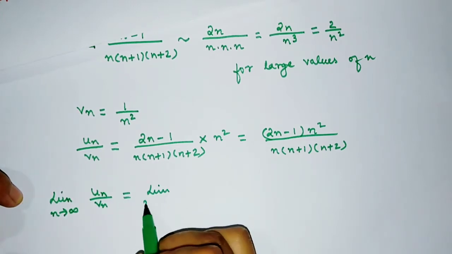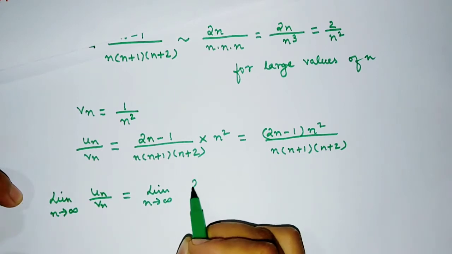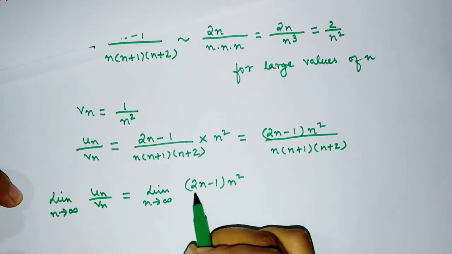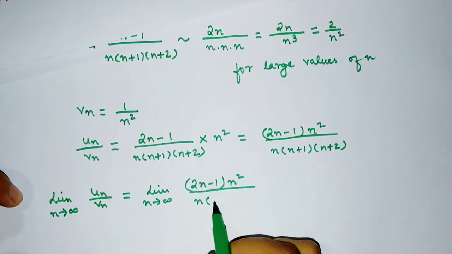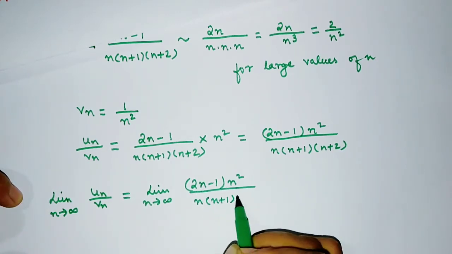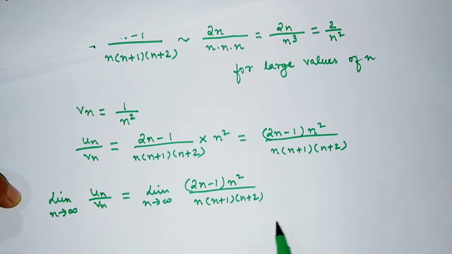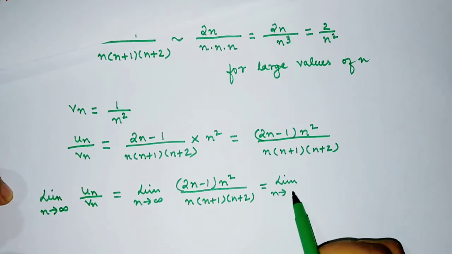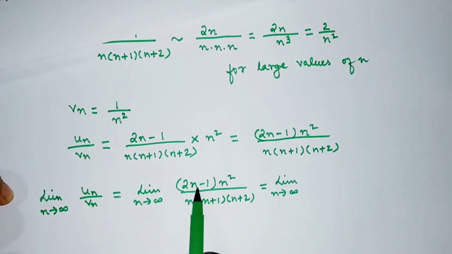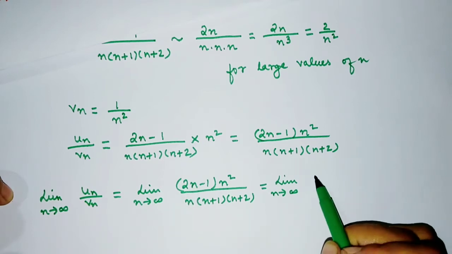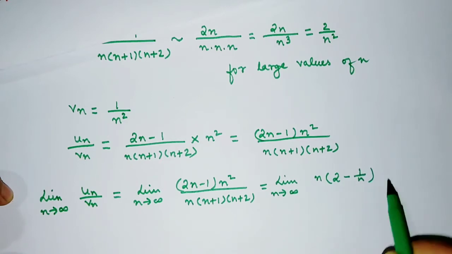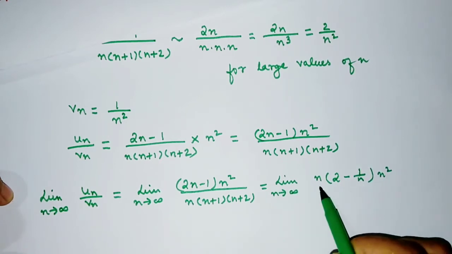That is equal to twice n minus 1 into n square upon n into n plus 1 into n plus 2. So from here, if we take common n, we have n into 2 minus 1 upon n, and then we have n square.